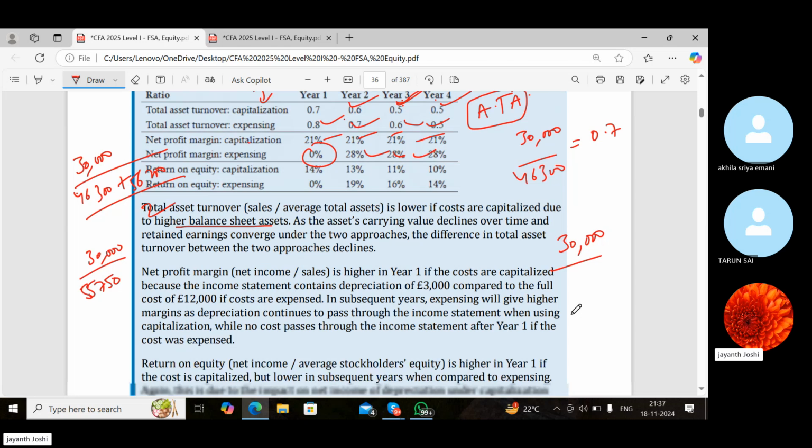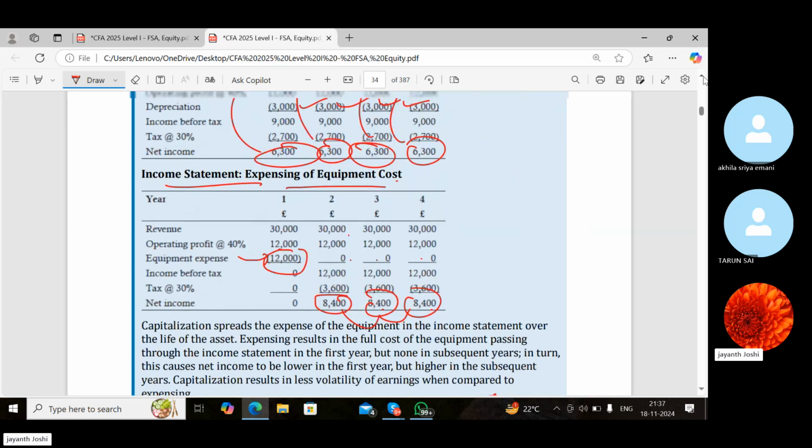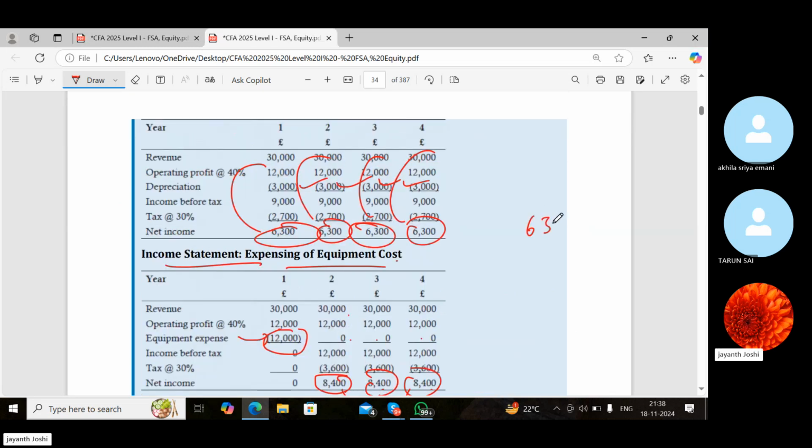Return on equity, capitalization, ROE. The ROE formula is PAT, profit after tax, by average total equity. So you can do the calculation part there. Profit after tax is net income. I'll do the first year for you: 6,300 divided by average common equity.